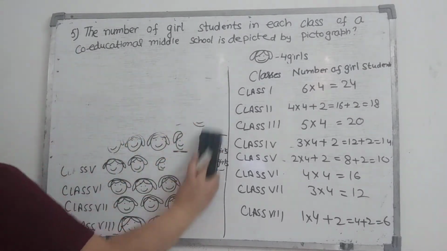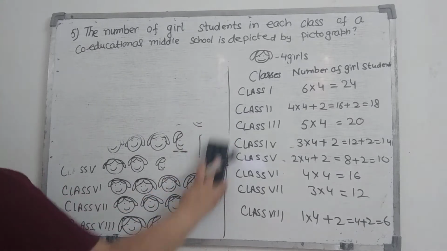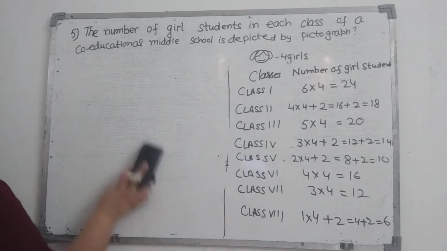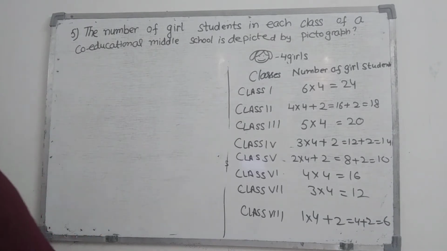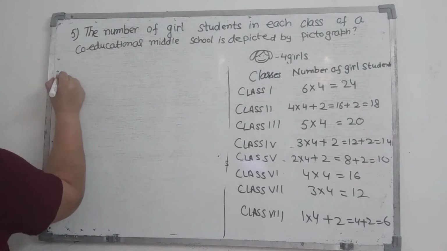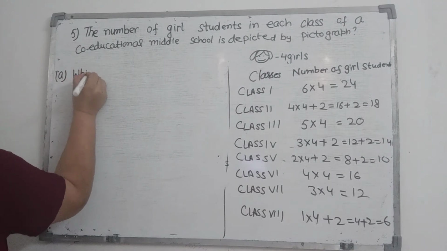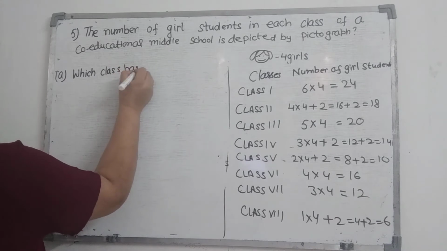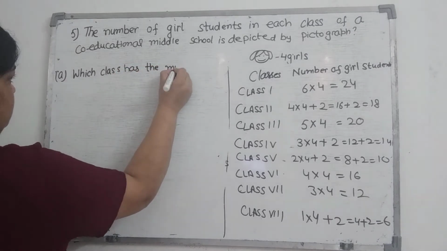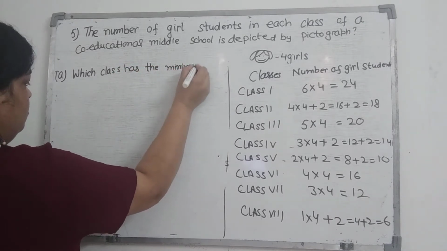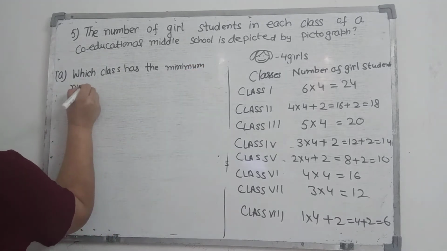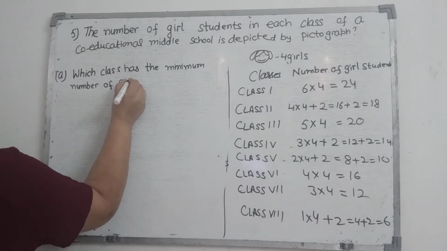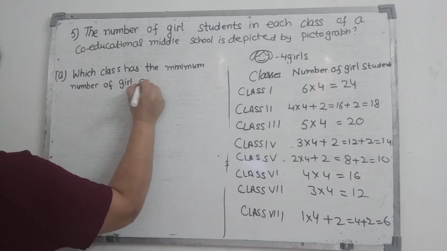Now the question says observe this pictograph. We have already calculated the number of girl students in each class. So we will do the questions. Question 1 says, which class has the minimum number of girl students?